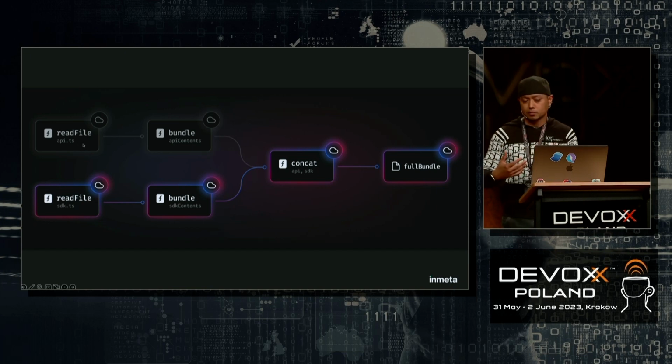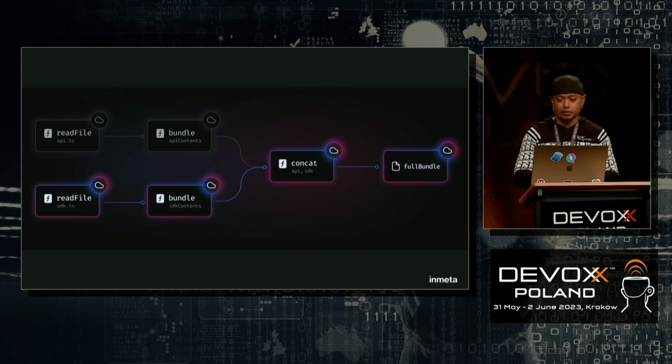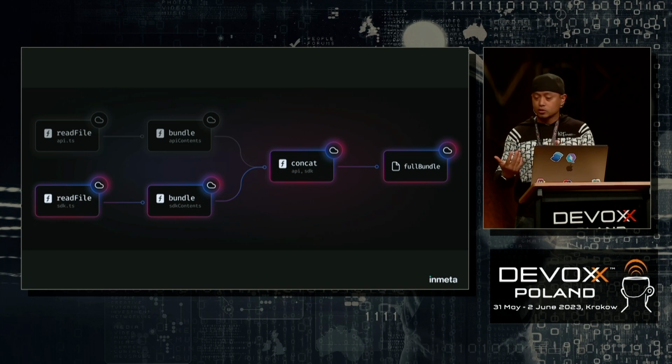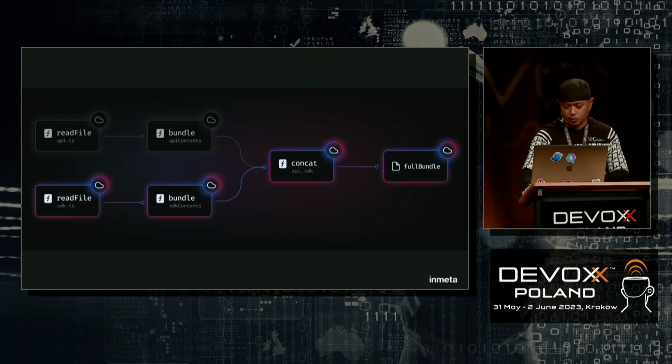Turbopack smartly knows what to do with sdk.ts and just ignores other files that didn't have any change. This incremental computation and the native speed of Rust are responsible for Turbopack's speed performance.